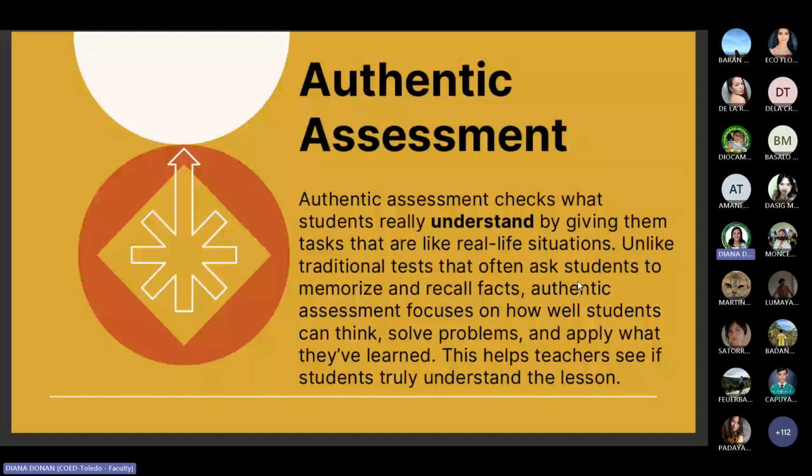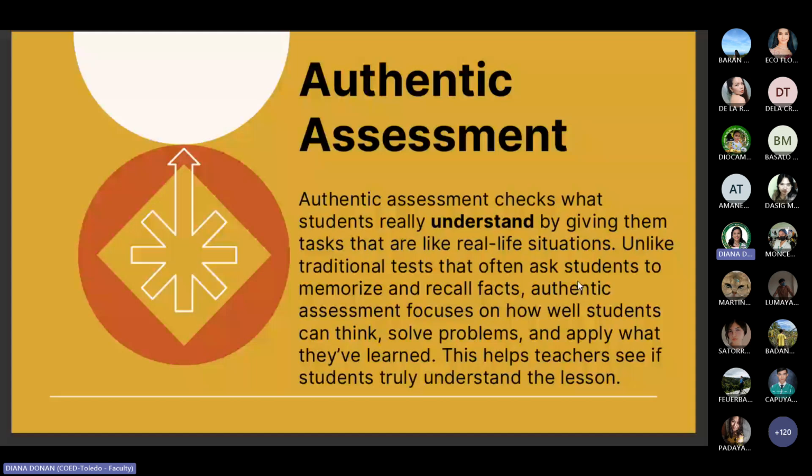What is authentic assessment? Authentic assessment checks what students really understand by giving them tasks that are like real life situations, unlike traditional tests that often ask students to memorize and recall facts. Authentic assessment focuses on how well students can think, can solve problems, and apply what they've learned.